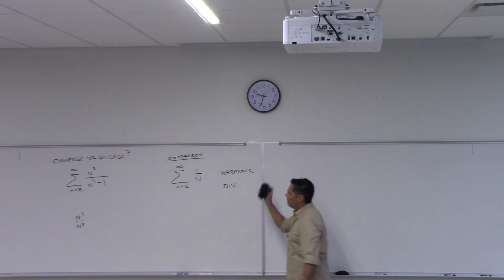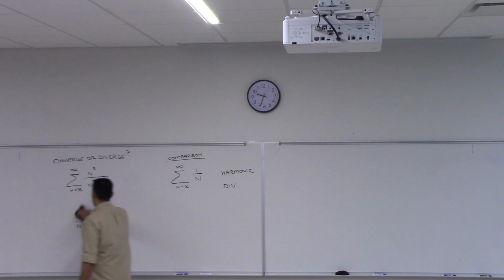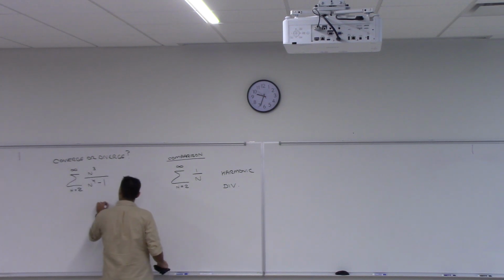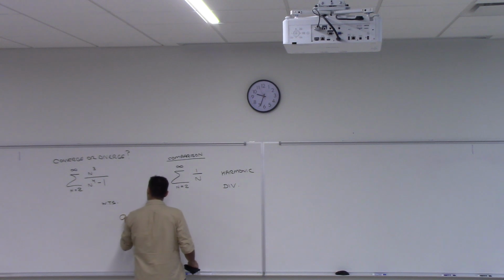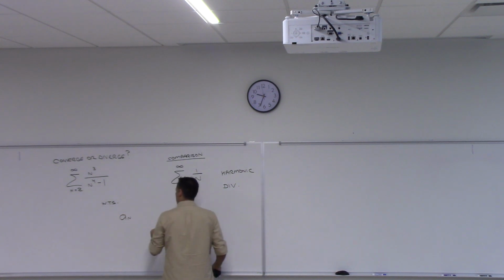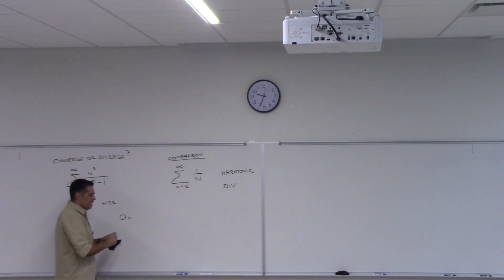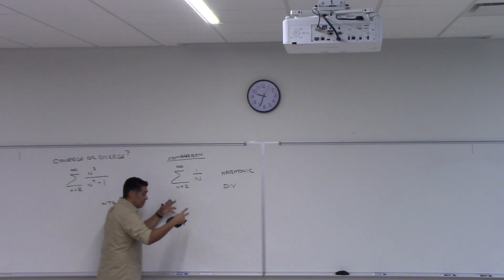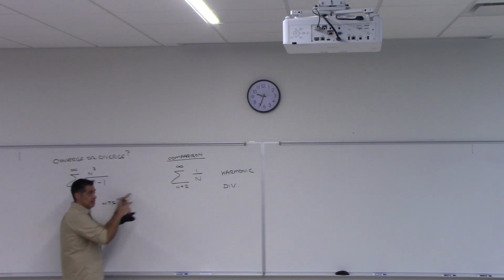All right, so if I'm going to compare it to something that's divergent, then I must show what? I want to show that this one is less than, bigger, what? The way I logically think about it is that all I know is that these things add up to be infinity, so I need these guys to also add up to be infinity, which means these guys have to be big.